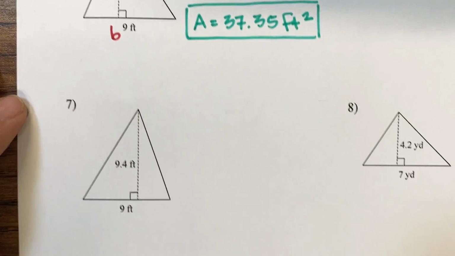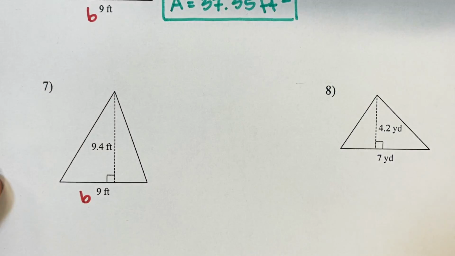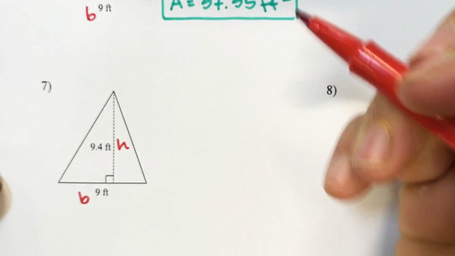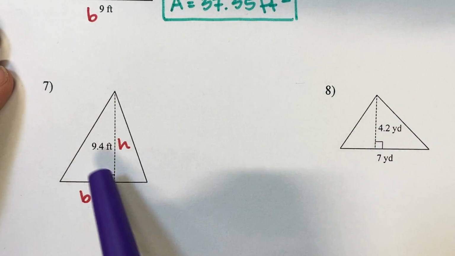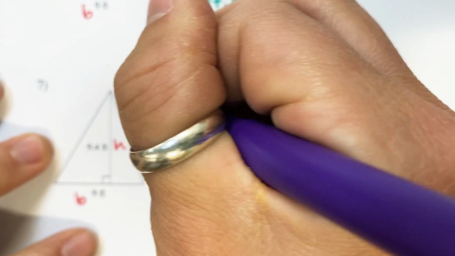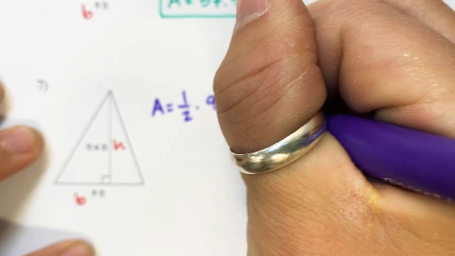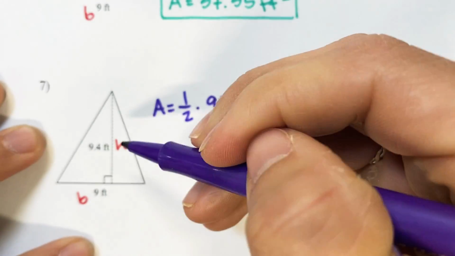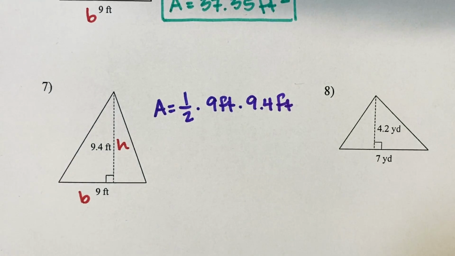Okay, last two examples. Let's look at number 7. What is my base and what is my height on number 7? My base is 9. My height, how tall it is, 9.4. So let's plug it into our formula. Area of this triangle equals 1/2 times base, which is 9 feet, times my height, which is 9.4 feet. Let's multiply this.